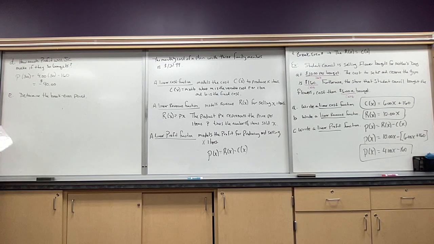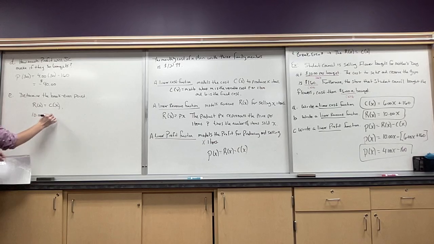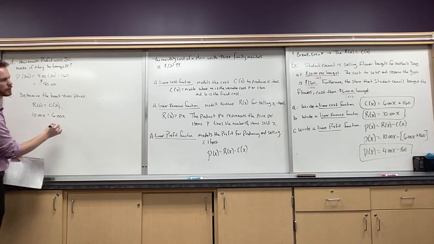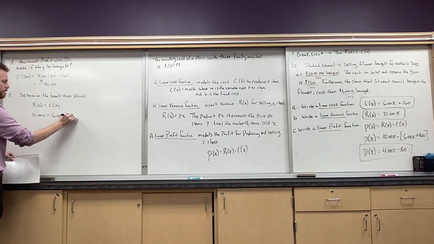I want to actually earn some money. So looking at this, that's when these two are equal to each other, right? When the cost and revenue equal each other, we broke even. We didn't earn anything. So R of x is the 10x, and the cost is the 6x plus 160.